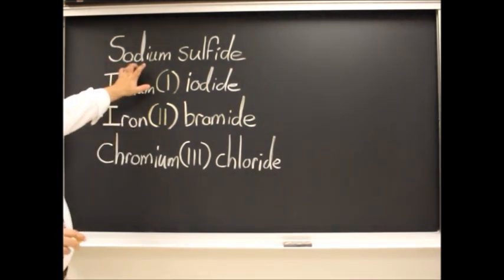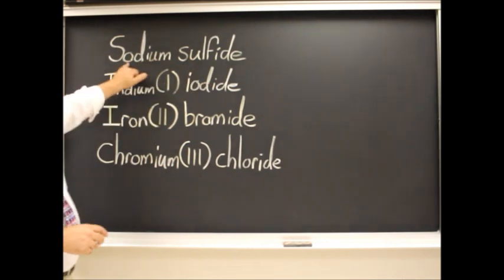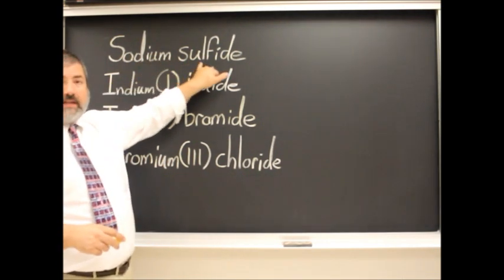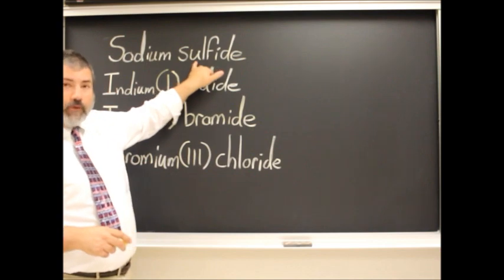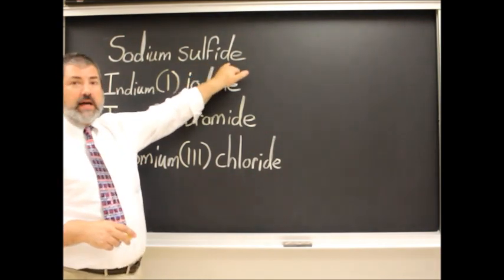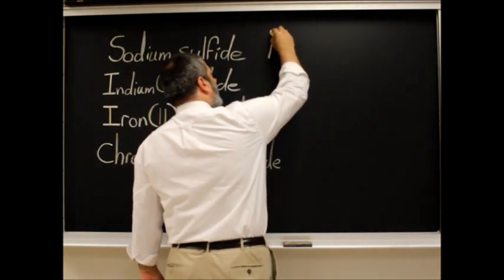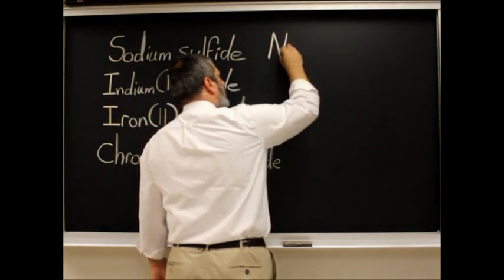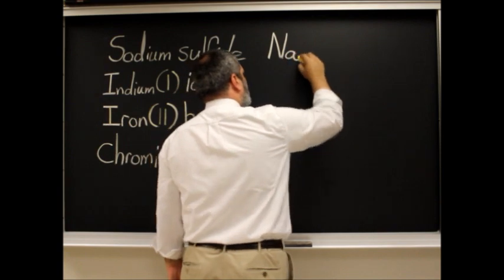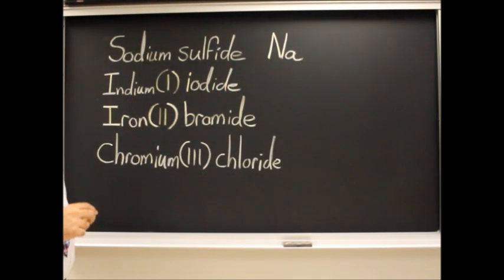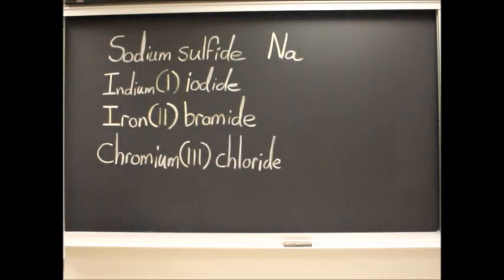All right, so sodium sulphide. Sodium is a metal, sulphide is a nonmetal. Sulfur becomes sulphide. You should have a periodic table as you work through any of these type of problems. The chemical symbol for sodium is Na.